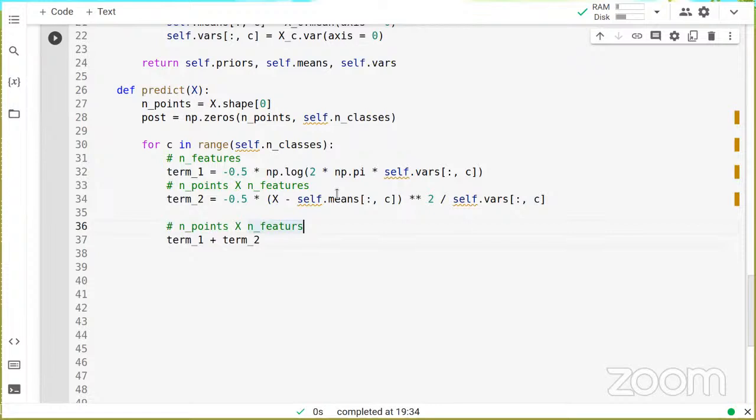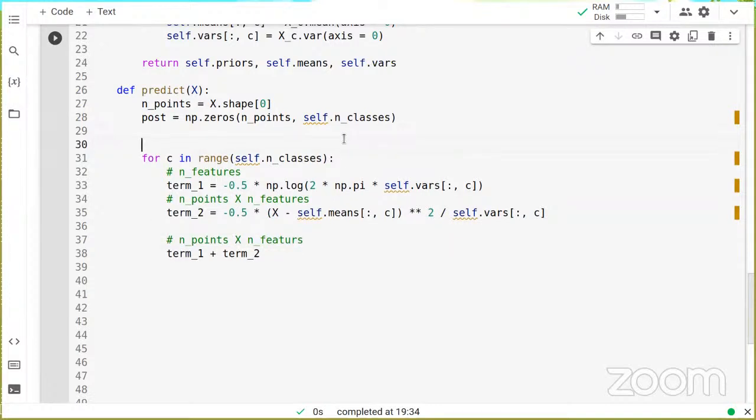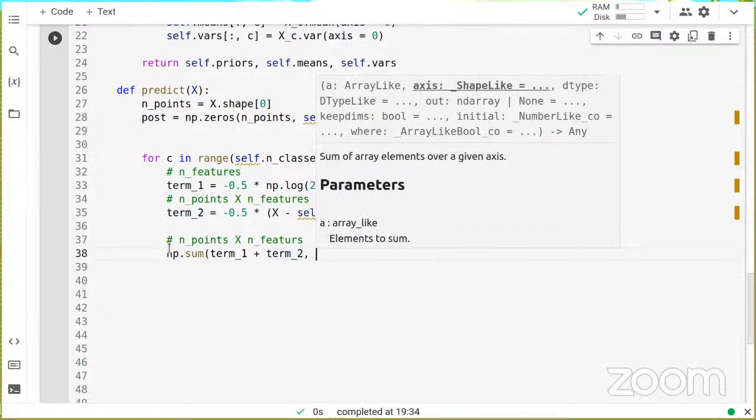So now term 1 plus term 2 will be for, okay, so now you have computed this for each class, right? So you have to put all of these things in. Okay. So now do you agree that you have to sum this along?